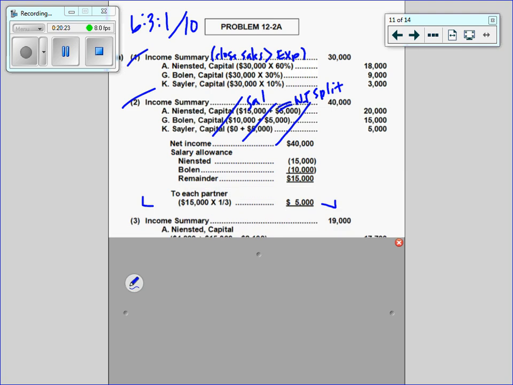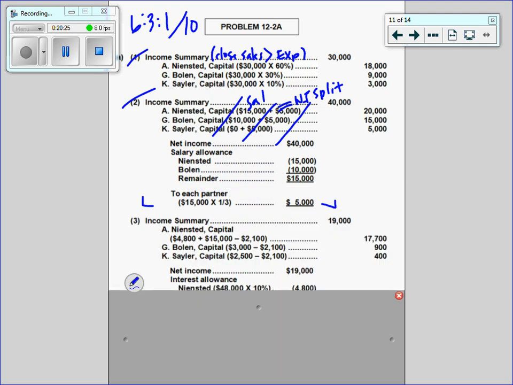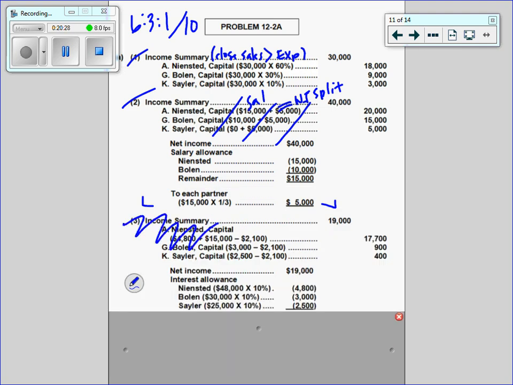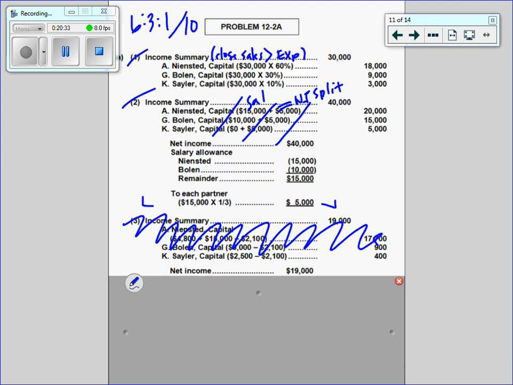So again, we're going to forego the journal entry for a minute, and we're going to run our calculations. Net income this time is $19,000. I assume the workbook makes this easy for you, doesn't it? Good.